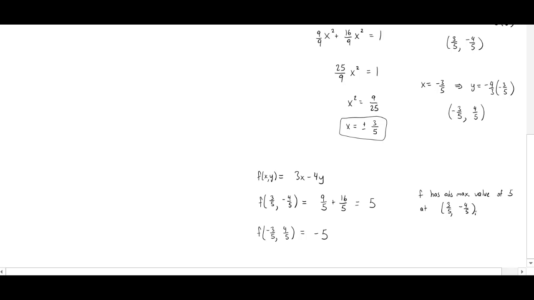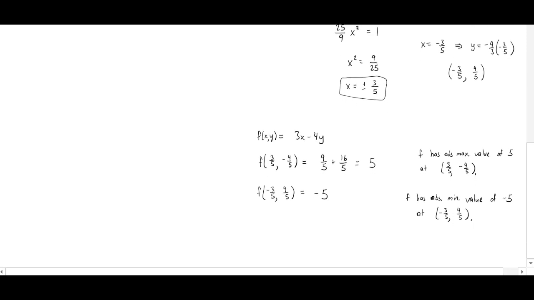And it has an absolute minimum value of negative 5, and that happens at the point negative 3/5, positive 4/5. So that would be the absolute extrema subject to our given constraint.